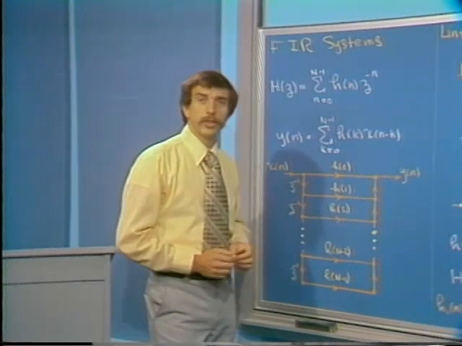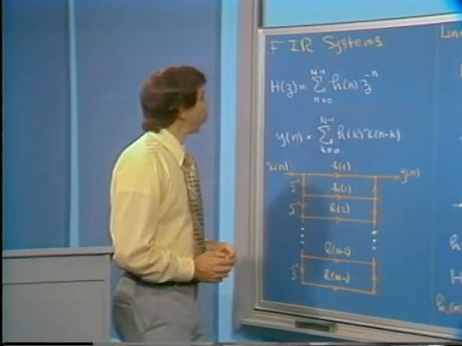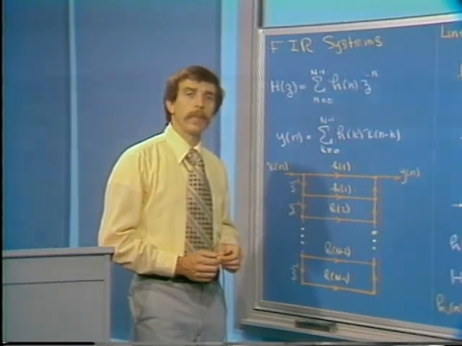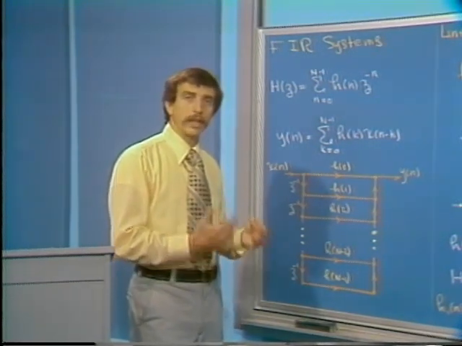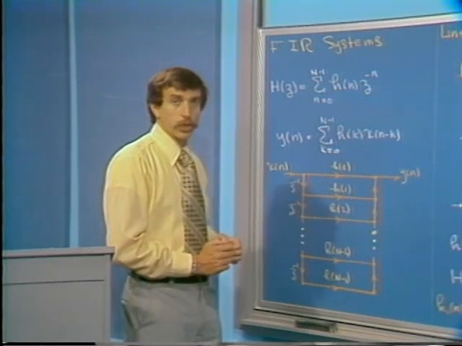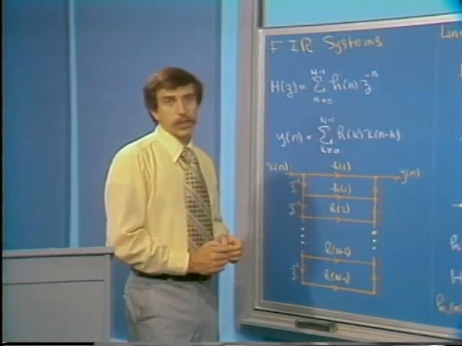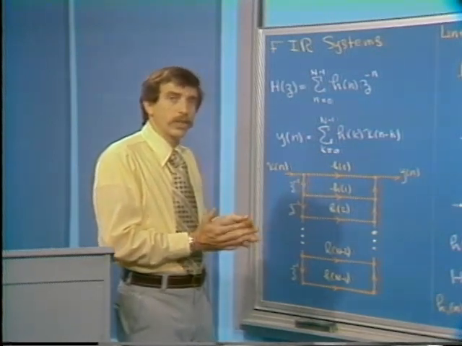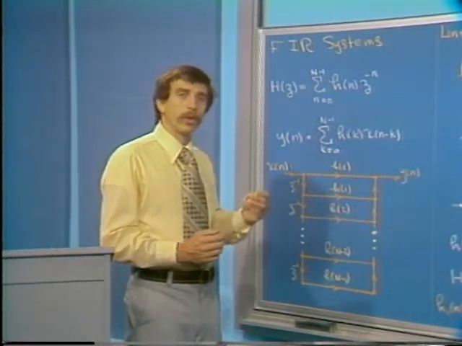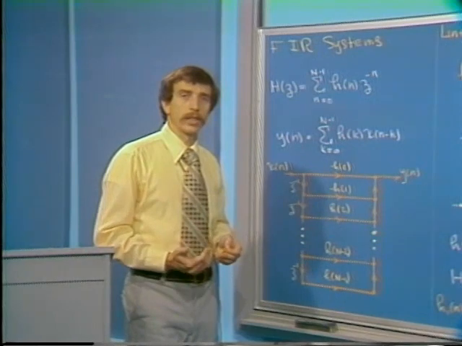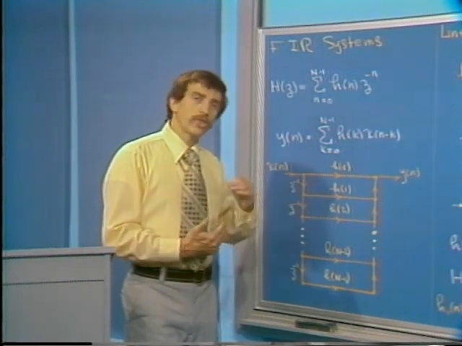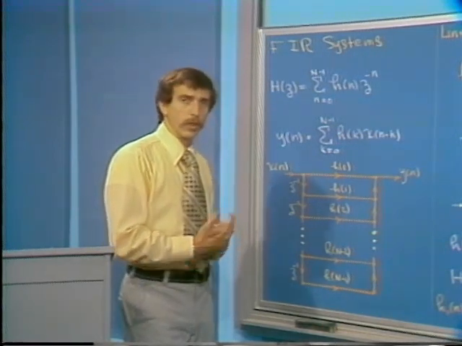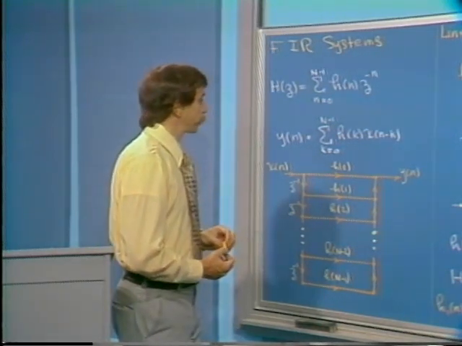Something to give some thought to, incidentally, is whether for a finite impulse response system you can generate a parallel form structure like the parallel form structure that we talked about last time. The answer to that, in fact, is no, and it's tied to the fact that an FIR system doesn't have any poles, although, as we'll see later on in this lecture, there is a structure that is of the form of a parallel form for implementing FIR systems.